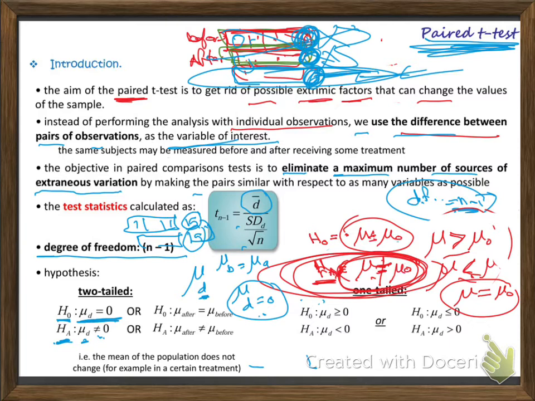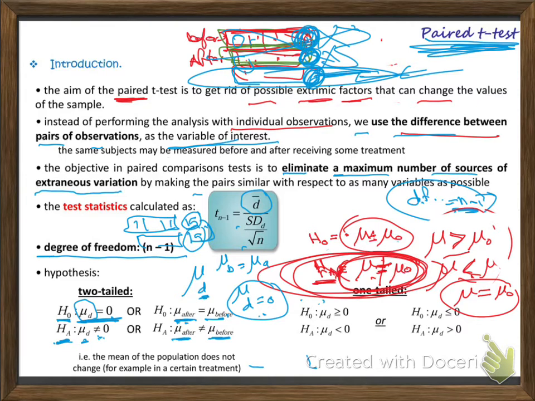So I think now it's clear. Mu delta equals 0, or mu before equals mu after; the alternative is mu after not equal to mu before. So after and before, or you can use mu delta. We usually use mu d, which is mu delta. This is in the case of equal and not equal. What about the case of greater than or less than? It depends on the problem itself.